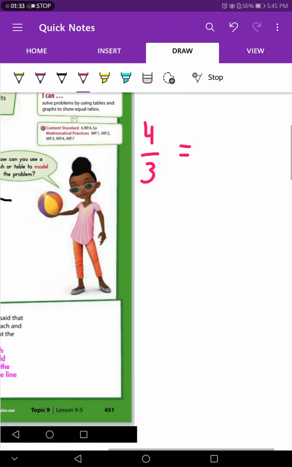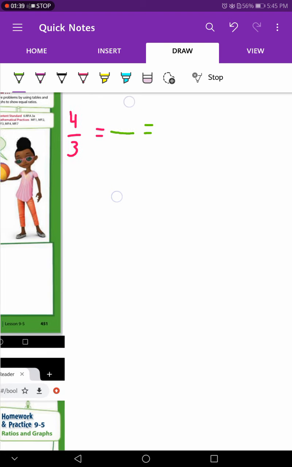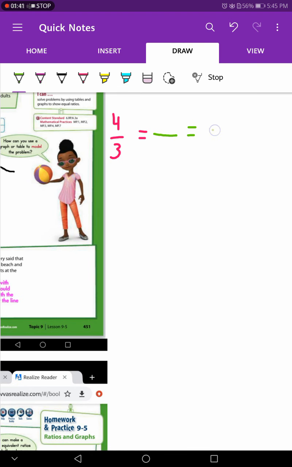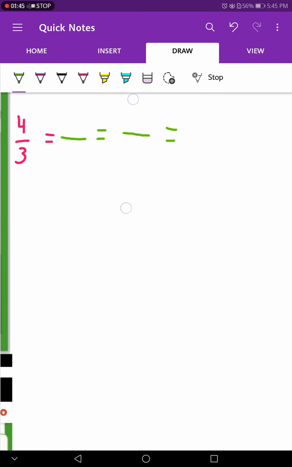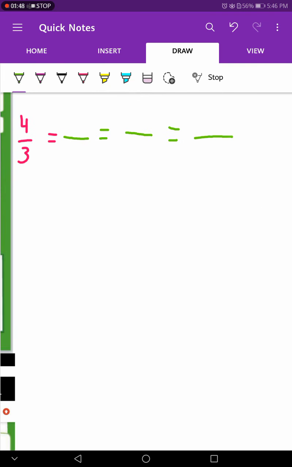How do we find the equivalent ratios? By multiplying up and down by the same number. Yes, or divide, it could be. So I will multiply this ratio by the same number every time, by 2, by 3, by 4, by 5.